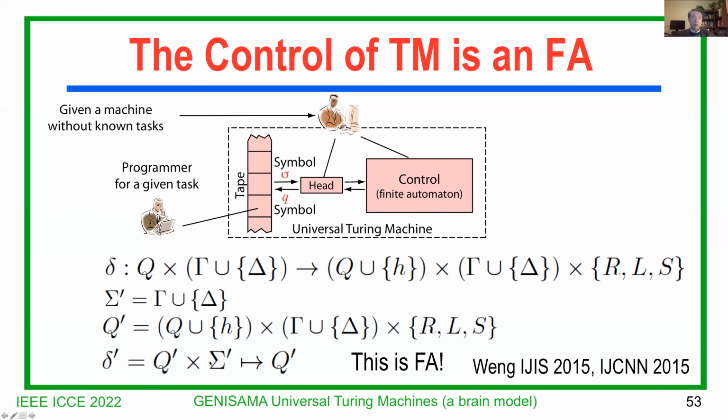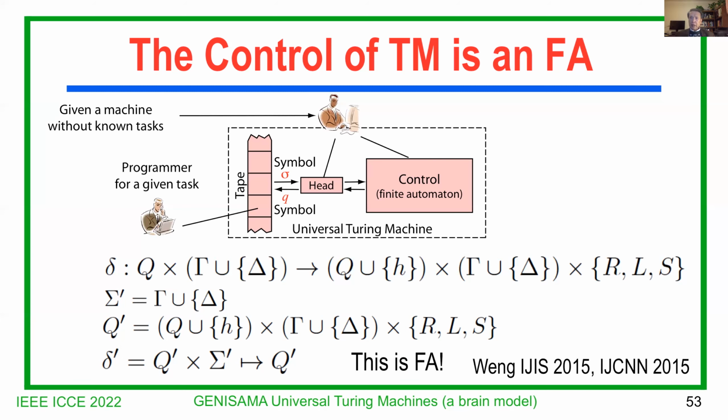So Q prime cross this one. So basically this new delta prime has the format of an FA, and the difference is that you may have some don't-care entries in the Q prime because you don't care about this and you don't care about this, you only care about Q. That's it. But still an FA, right?